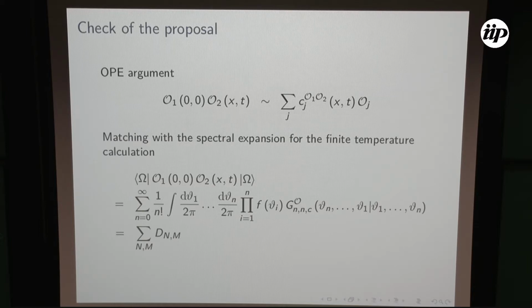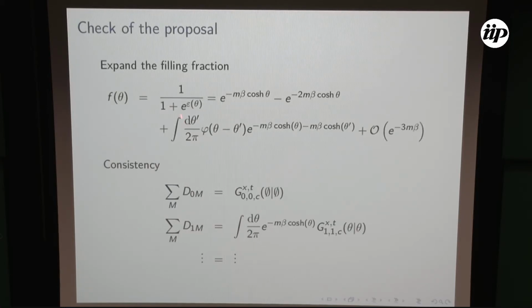The other more direct check is that I showed you this double expansion from finite form factor regularization. We can compare our results to that because we already calculated some terms. To really cross-check the two results, you have to expand this filling fraction in a nice way for this thermal situation.